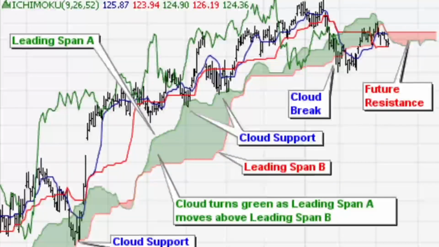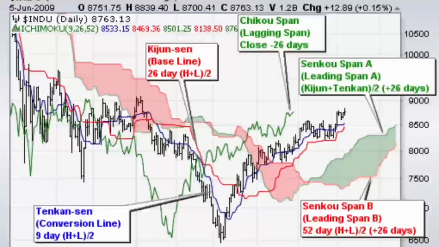Here are a few key things to keep in mind. Identifying trend direction. The direction of the cloud can help you determine the trend direction. When the cloud is green, it indicates a bullish trend. When the cloud is red, it indicates a bearish trend. Confirming entry and exit points.